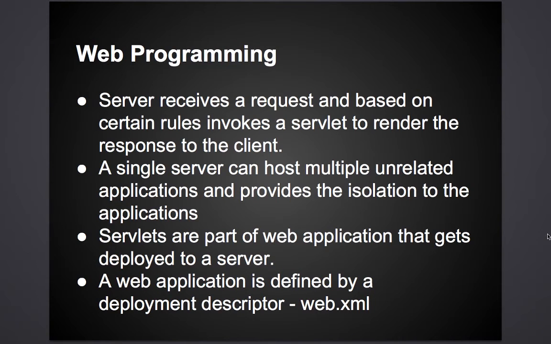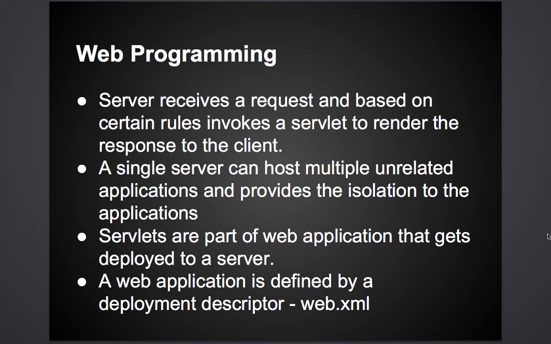Now when you deploy this application to a server, the server wants to know certain things about the application. The contract between the web application and the server is defined through a file known as a deployment descriptor, typically called a web.xml file.